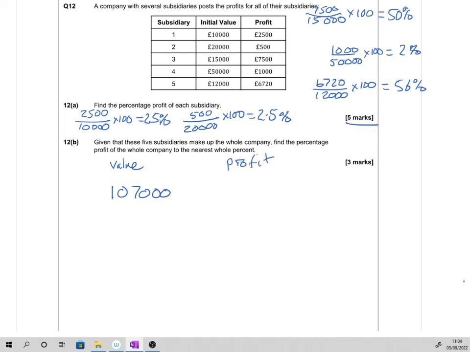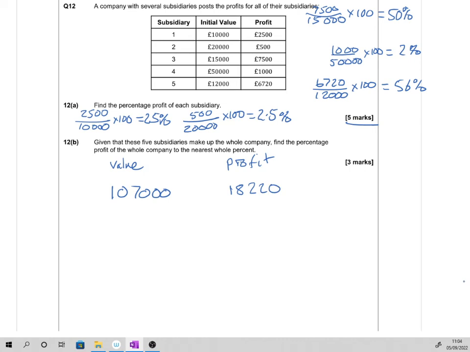Now, profit. Let's add all these up together. 2,500 plus 500 plus 7,500 plus 1,000 plus 6,720. So I make that as 18,220.